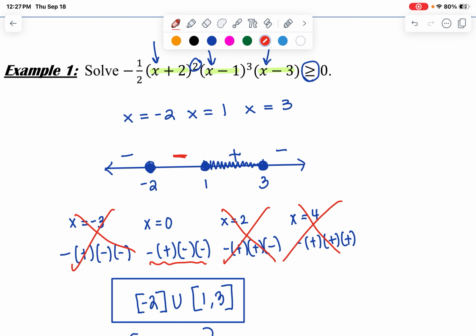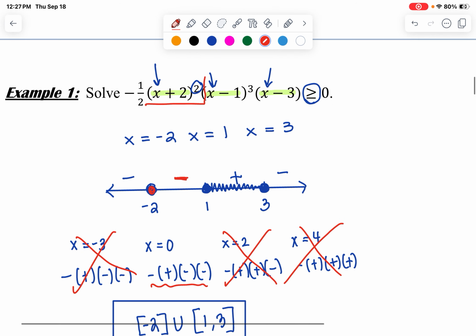Multiplicity is the number of times the factor of that 0 appears, okay? So if you look at this 0, it's -2, right? You're gonna look at the factor that it comes from. This is the factor that it comes from, and its multiplicity is 2. If the multiplicity is even, the sign doesn't change as you move over that 0.